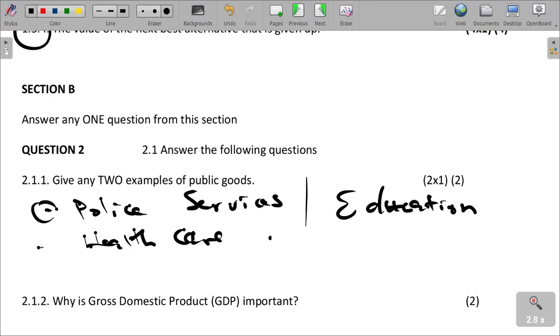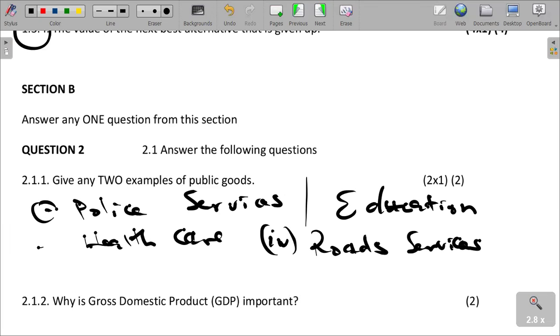Healthcare, we have got healthcare. We can also talk about road services. They are all examples of services or goods that are provisioned by the state.